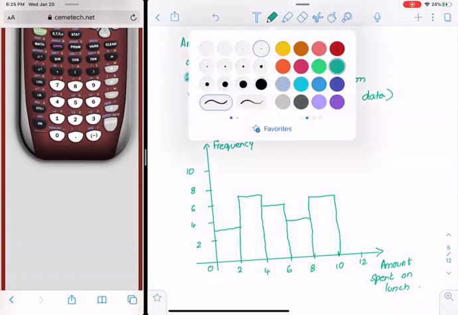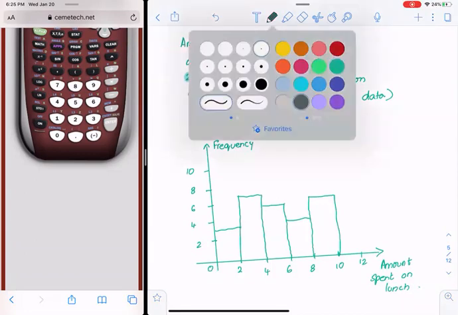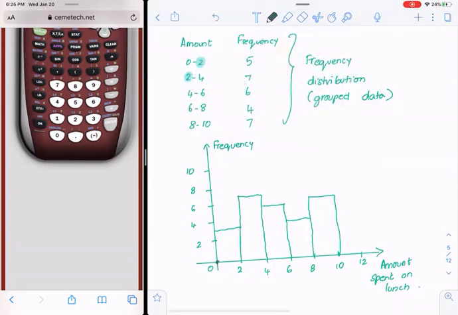What we can do is perhaps put dots right in the middle, and we can connect the dots. Since we're talking about continuous data, I can directly connect the dots here.